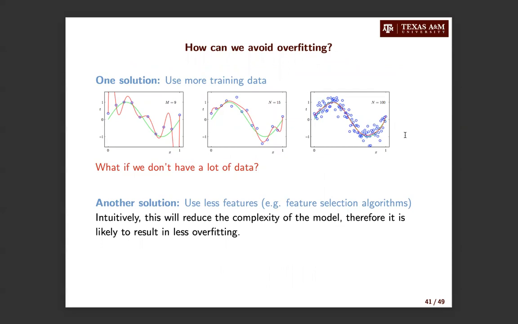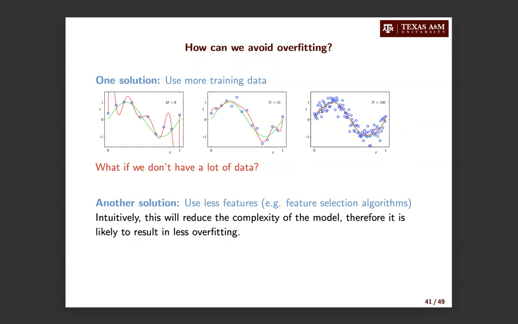Another potential way to avoid overfitting would be to use more training data. So in this case, if instead of 10 training samples we have 100 training samples, then even if we use a polynomial degree that is very high, we can still get a model like this red line here that very accurately represents the structure of our data.